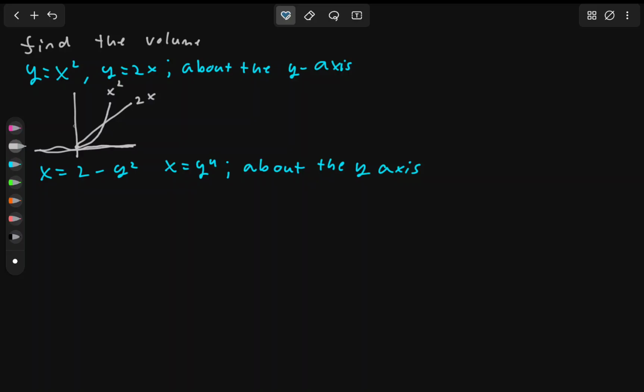So because we're revolving this around the x-axis, give me one moment to think here. What I really want to do is get these functions in terms of x is equal to y. So we are going to say that x is equal to the square root of y, and x is equal to 1/2 of y.